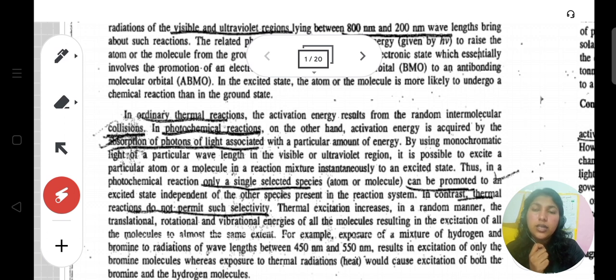But in a thermal reaction, it is not selective, it absorbs heat and all the atoms or all the particles get excited. Thus, in a photochemical reaction only a single selected species, atoms or molecules, can be promoted to an excited state, independent of the other species present in the reaction. Whereas thermal reactions do not permit such selectivity.